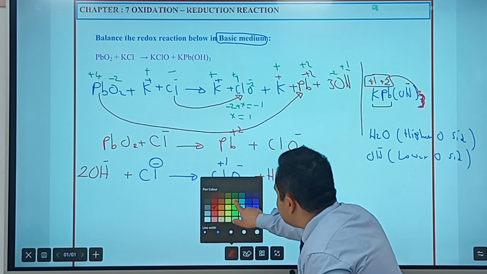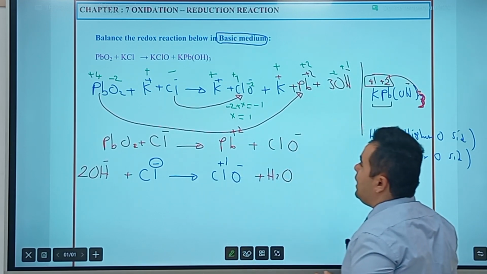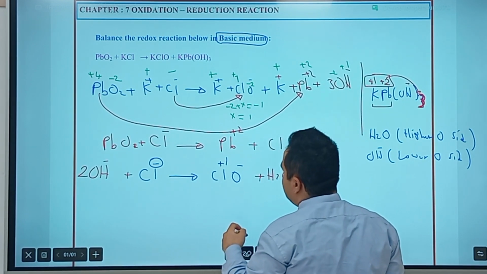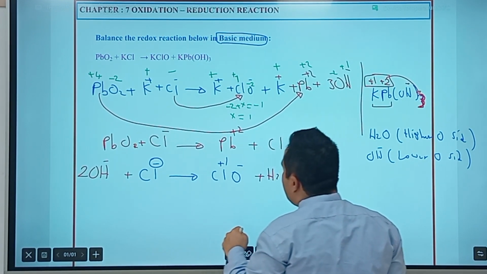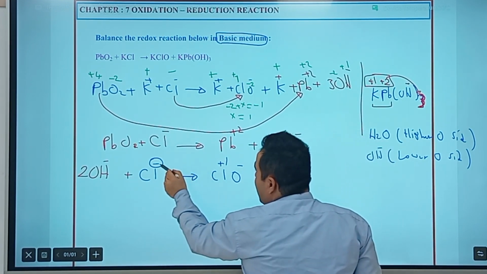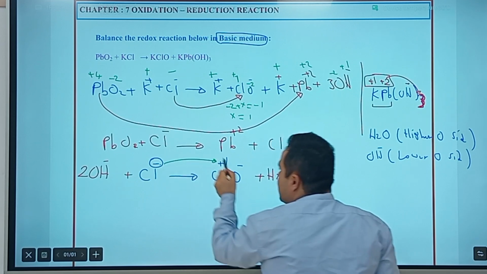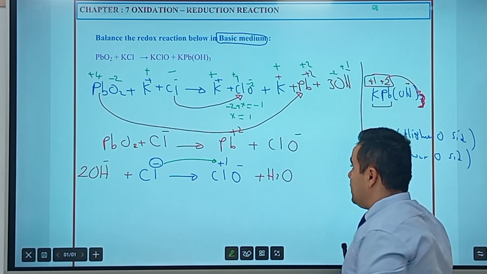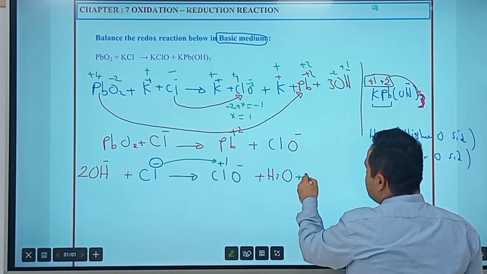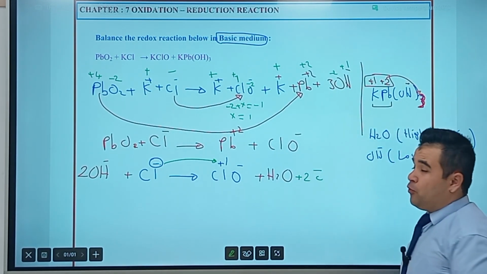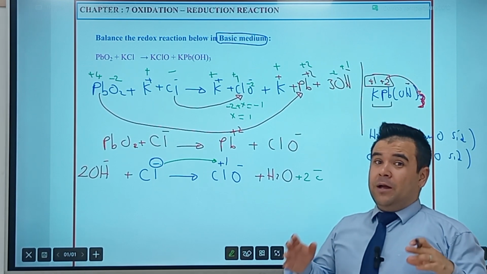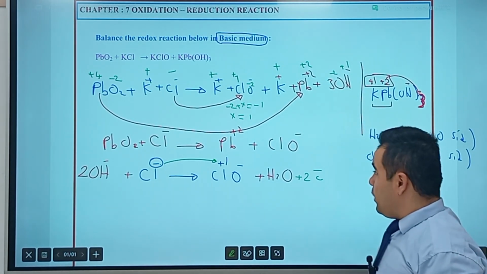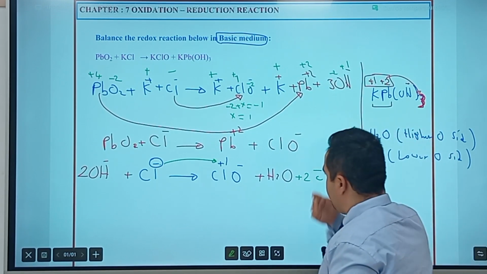How to balance in terms of charges, guys? -1 to +1 is 2 units. That 2 must be added to the product. Why? 2 electrons must be added to the product because it's the oxidation half.